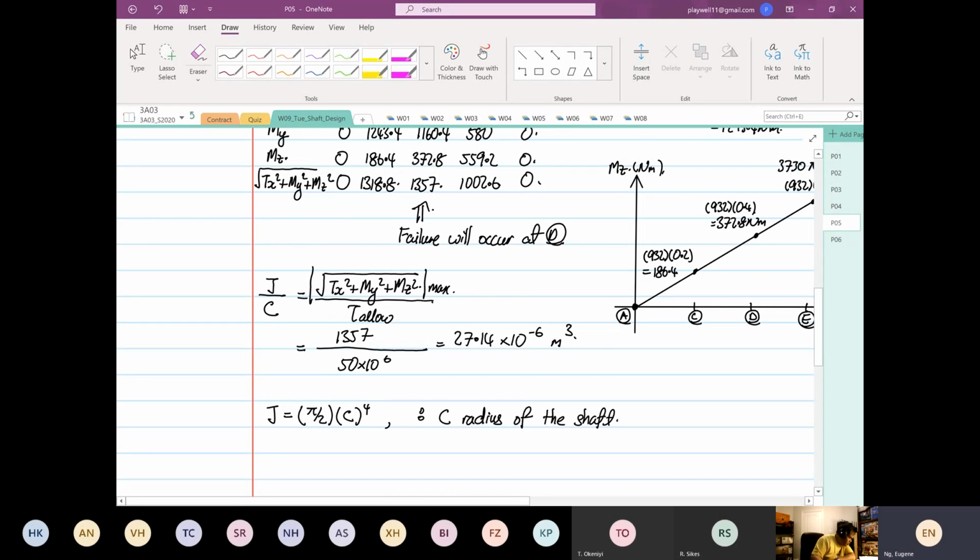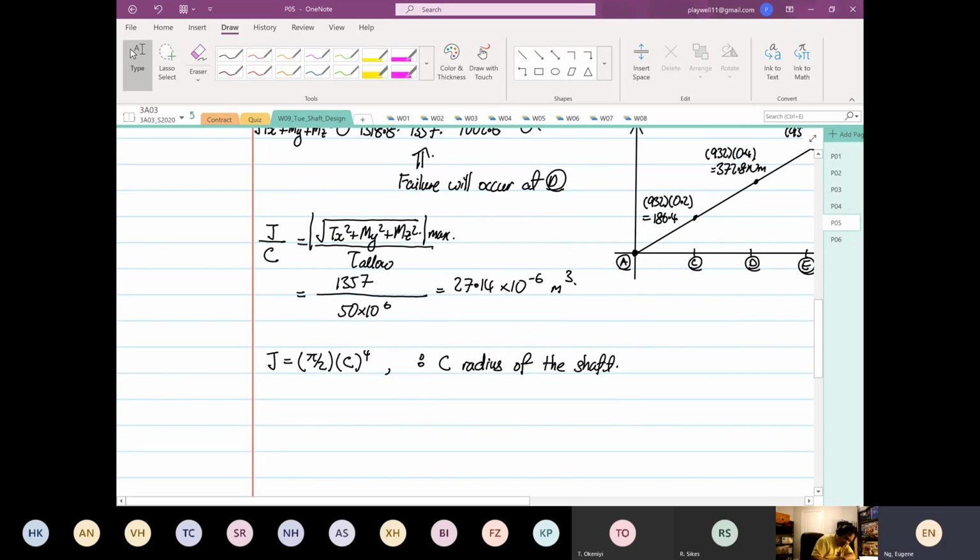So from here, J over C is pi over 2 C to the power 4 divided by C. So this will be equal to pi over 2 C cubed, and this will be equal to 27.14 times 10 to the power minus 6.